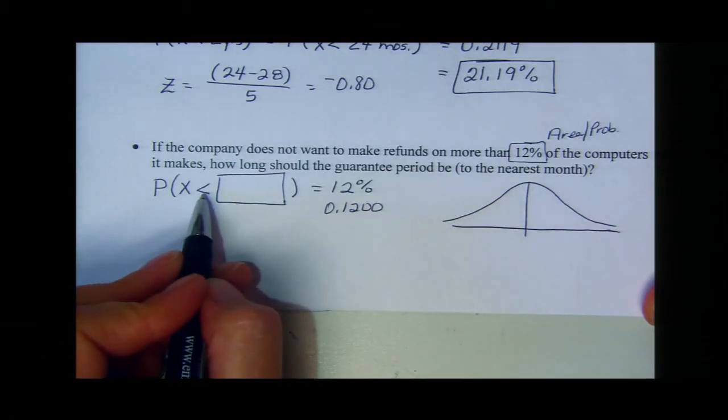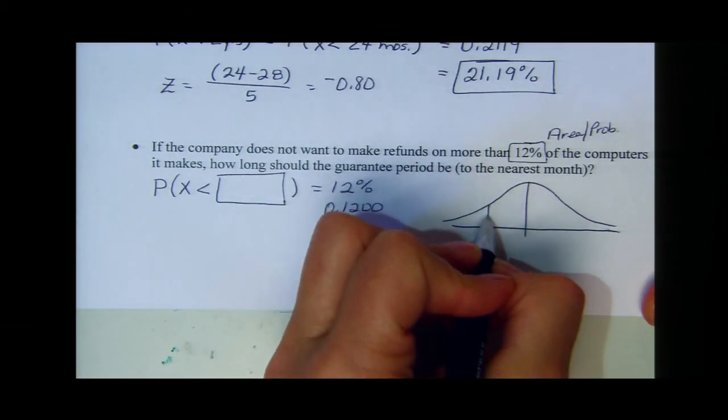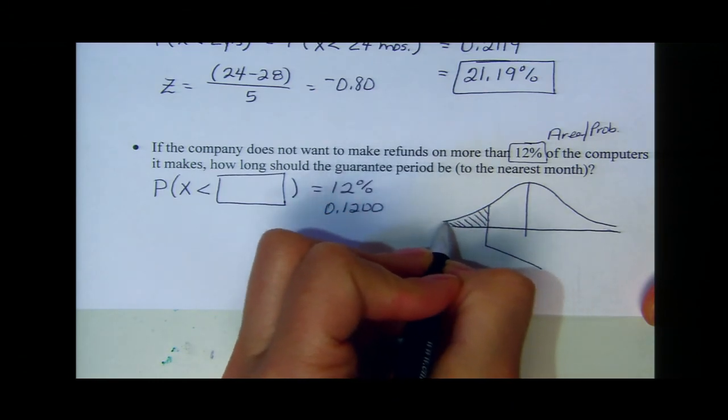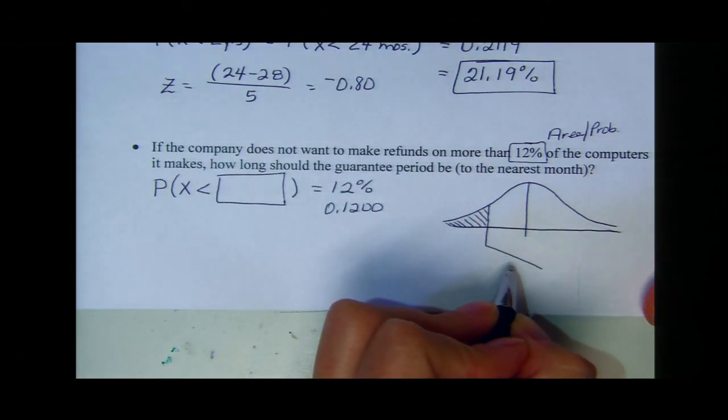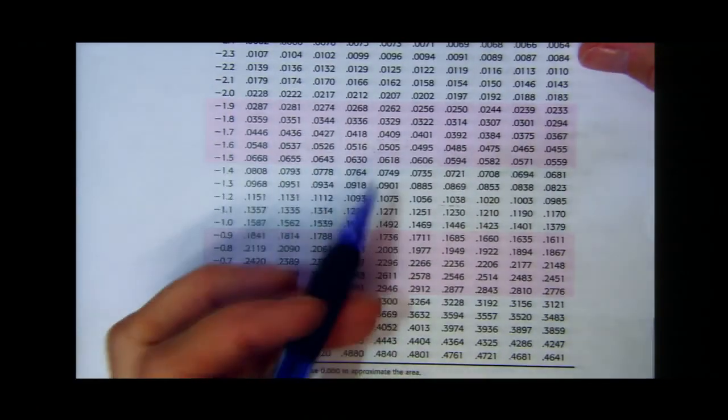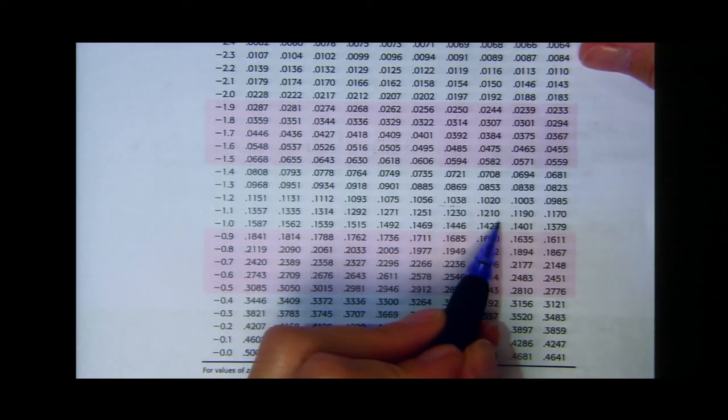We're shading to the left and we're only shading in 12%. So I know that forces my z-value to be negative. So I'm going to go to the negative z table, and I'm looking for 0.1200.